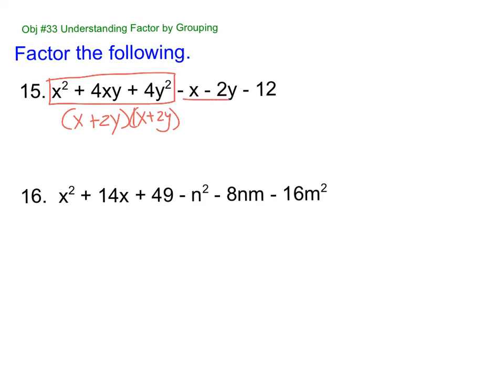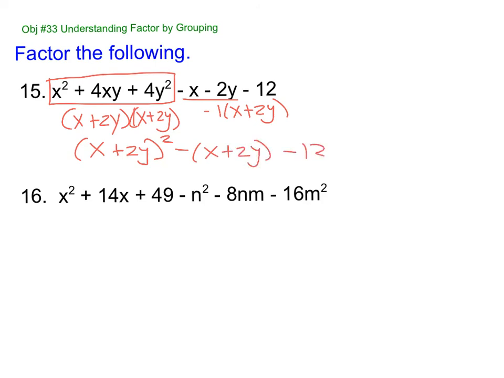And then I noticed that's kind of nice because right here, the second one, if I factor out a 1, I get x plus 2y. So x plus 2y squared minus x plus 2y minus 12.